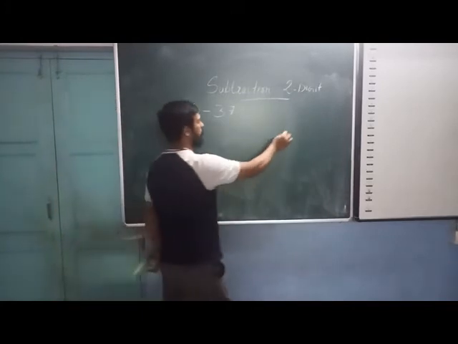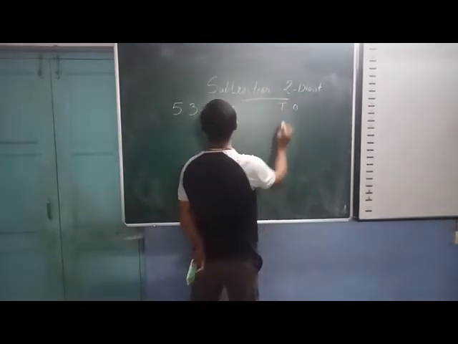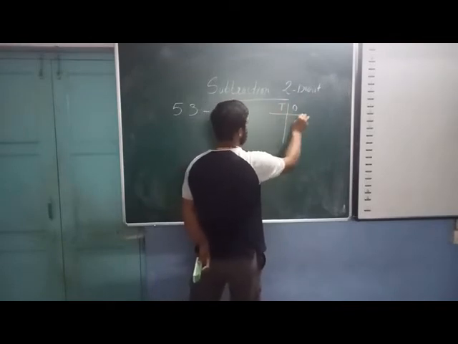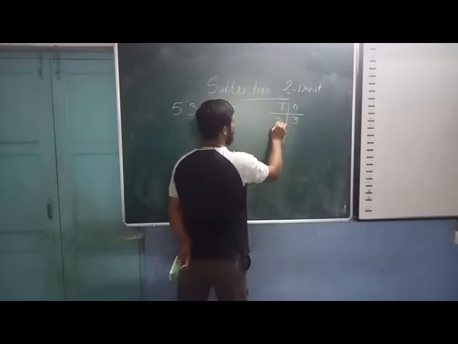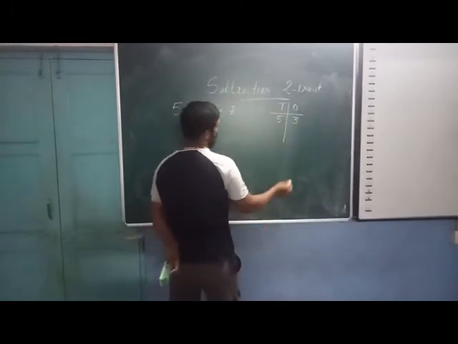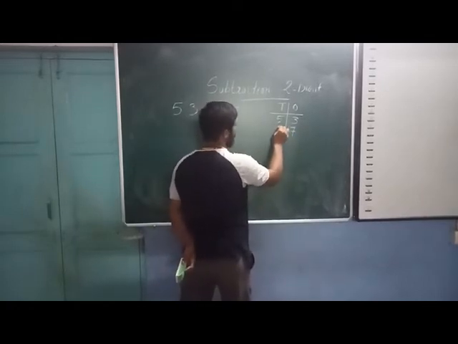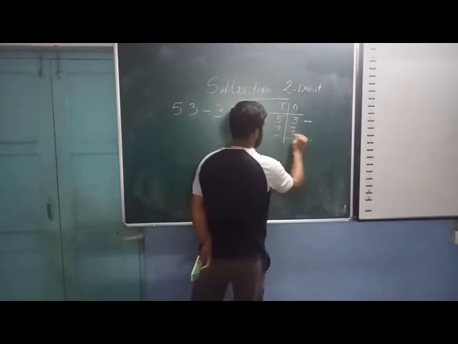Once again we will draw the place value table and write the numbers according to their place value. 53 we wrote, then 37, with 7 written in the ones place, and put the sign.